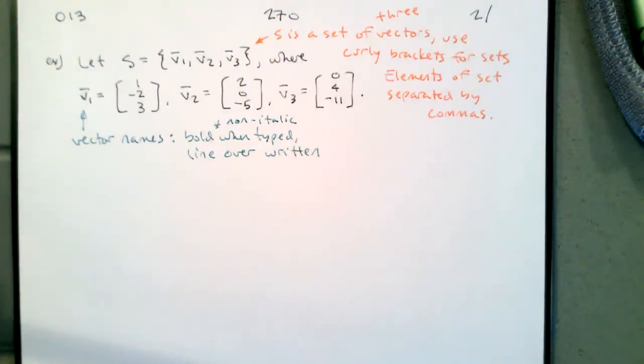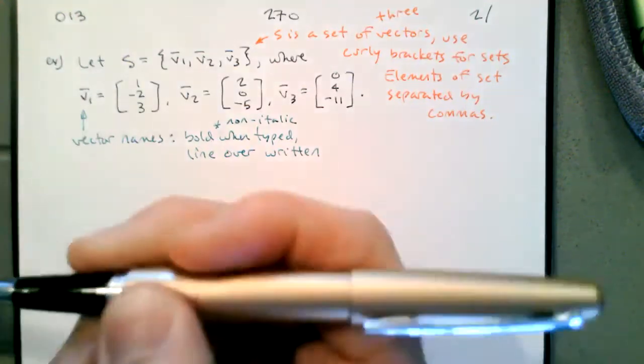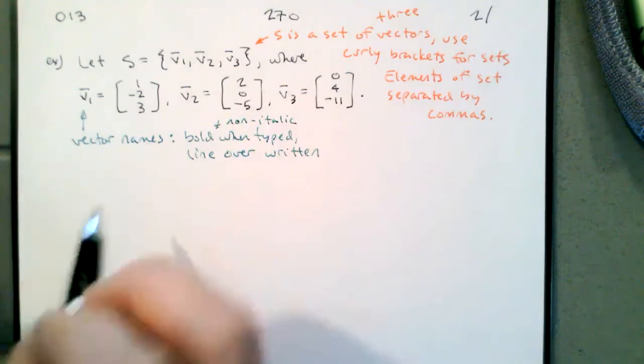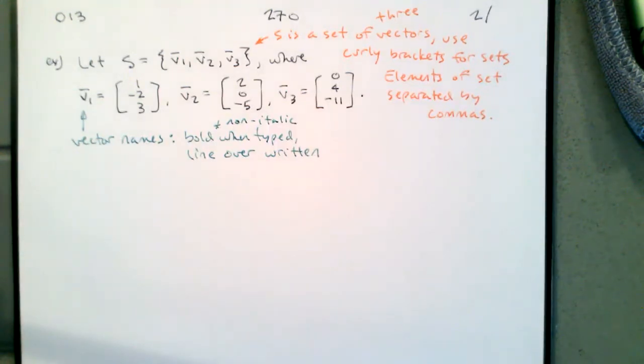It's awful. But when we're writing, I don't have a bold-faced pen, so I just put a line over the top of it. A lot of times you'll see an arrow over a vector, and I'm just too lazy to write a whole arrow, so I just put a line over the vector. So that's just our notation. We just do a line over for written vector names.